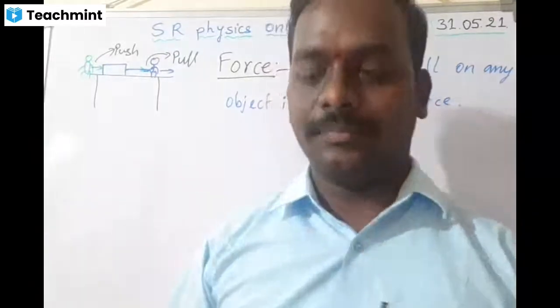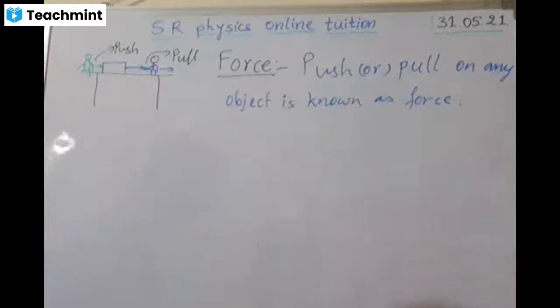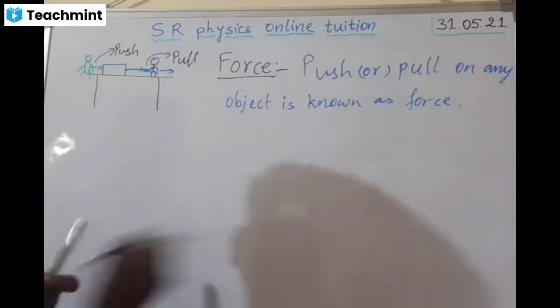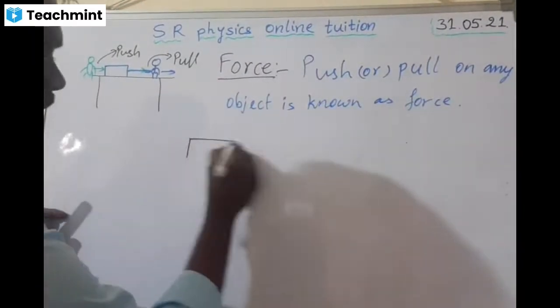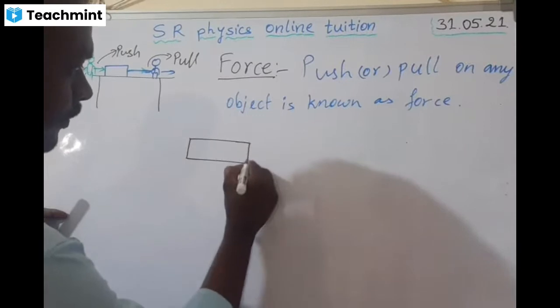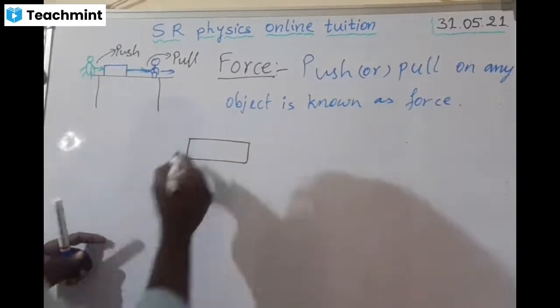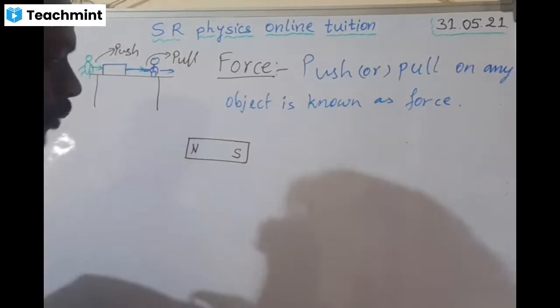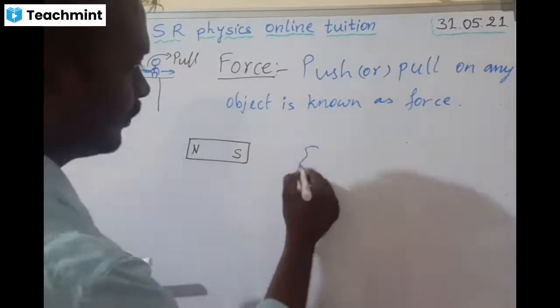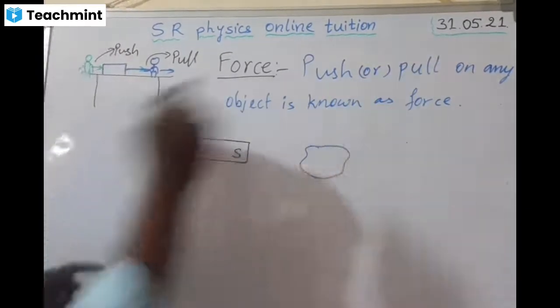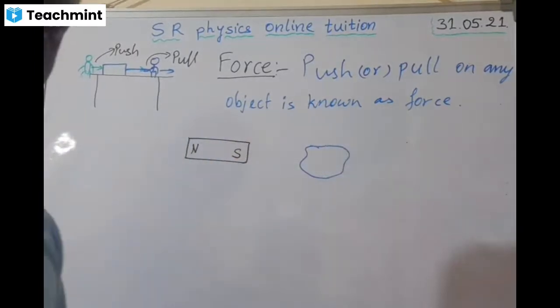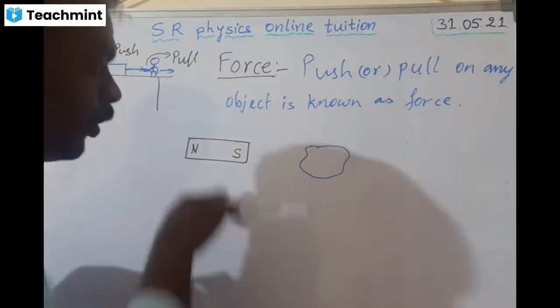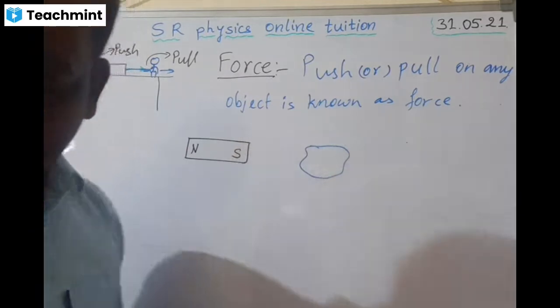Suppose you have taken a magnet like this, having a north pole and a south pole. Here if you place an object, some iron object or something else, what is going to happen? It will get attracted towards it.